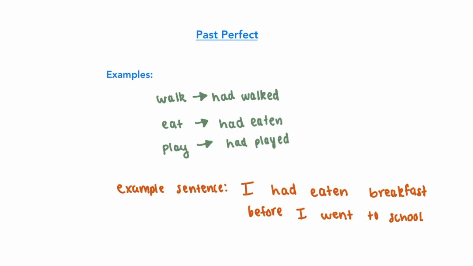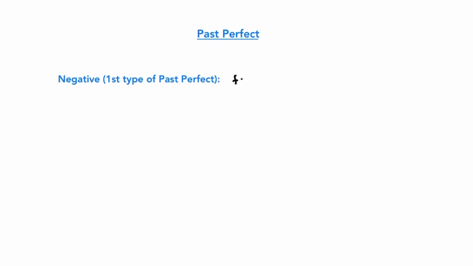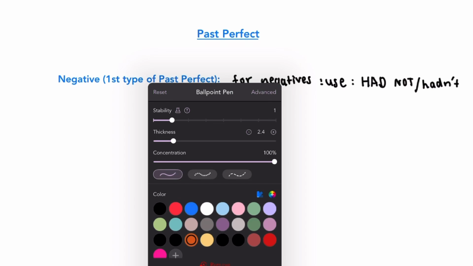Okay, so the first type of past perfect you can get is a negative one. So for negatives, you will see the sentence using had not or hadn't. If you see these, it's a negative past perfect sentence, because it's in the past, hadn't or had not, and it's something that hasn't happened in the past, so it didn't happen.